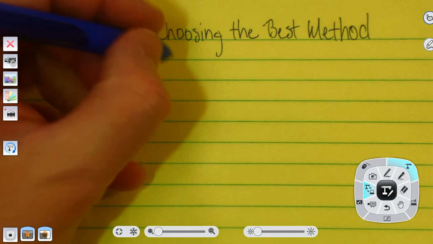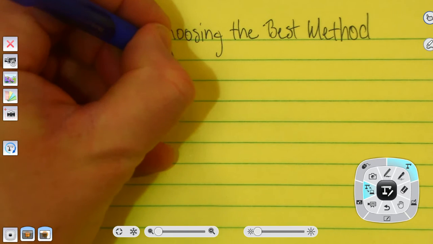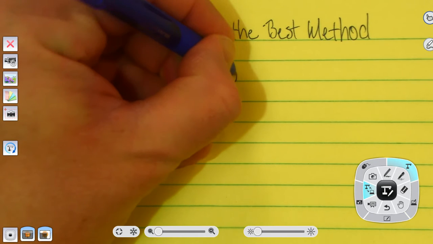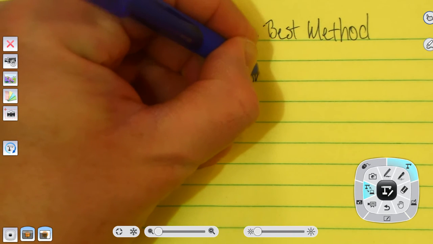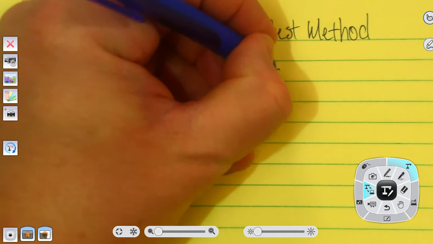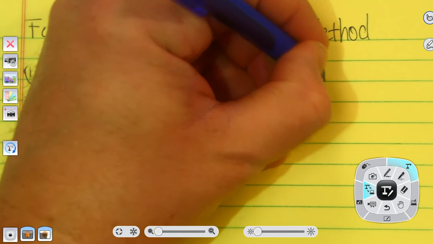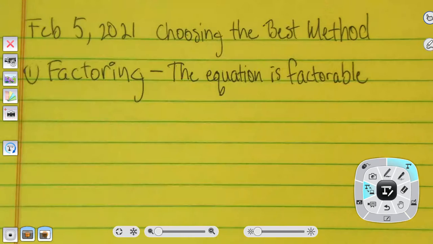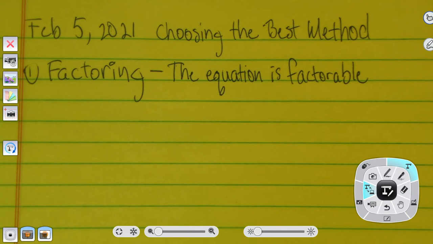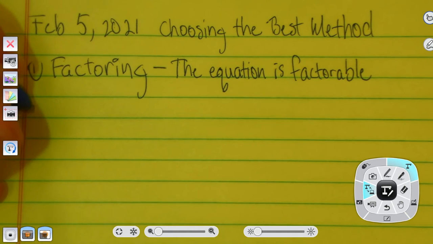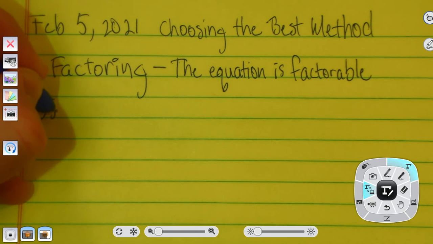And this is the best method, and this almost seems kind of logical, when the equation itself is factorable. Sometimes they're not factorable. So the best method is factoring when we actually can factor. Then we looked at using square roots.